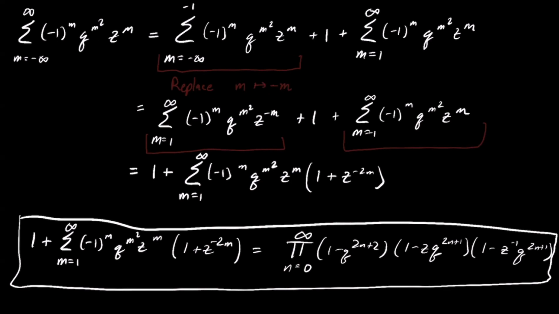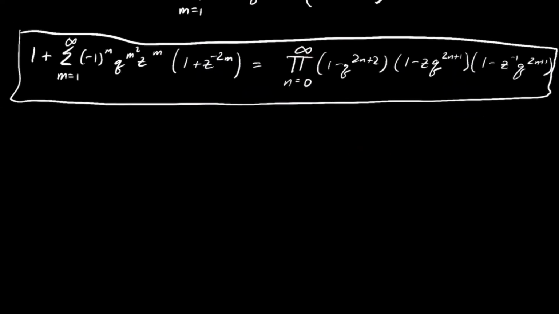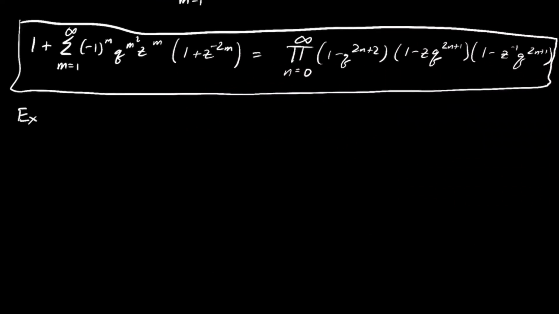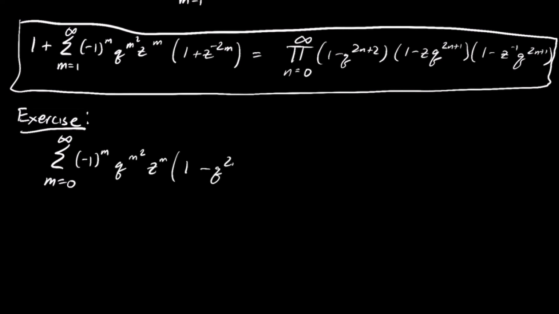I will leave you with an exercise. So try the following exercise. Good practice with this type of stuff. Try to rewrite the Jacobi triple product identity sum side as the following. The sum m goes from 0 to infinity of -1 to the m, q to the m squared, z to the m, times 1 minus q to the 2m plus 1, z to the minus 2m minus 1.